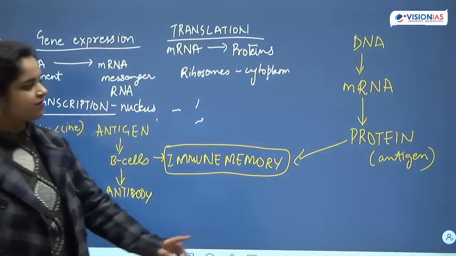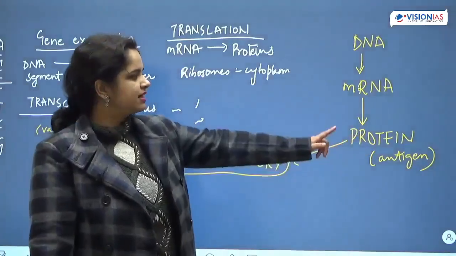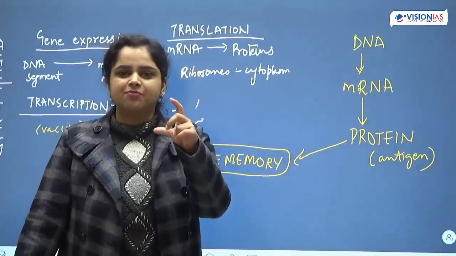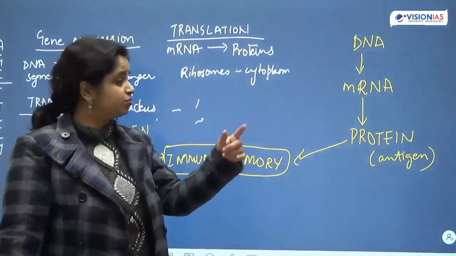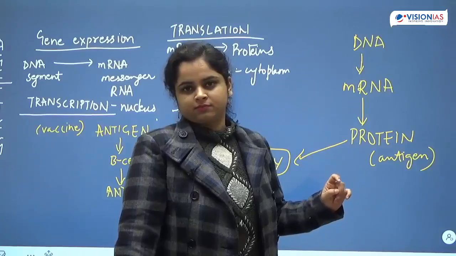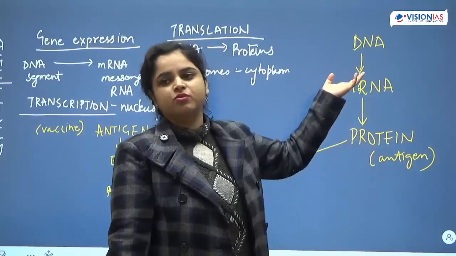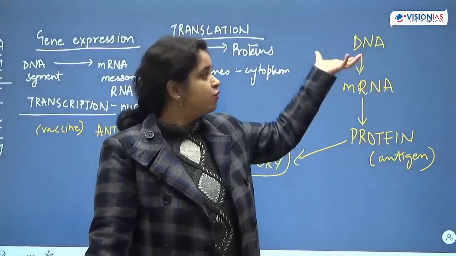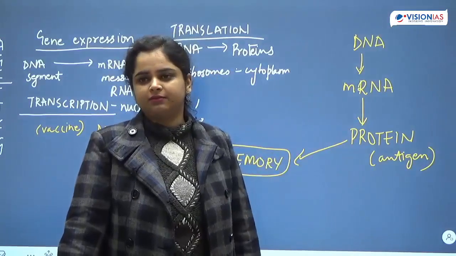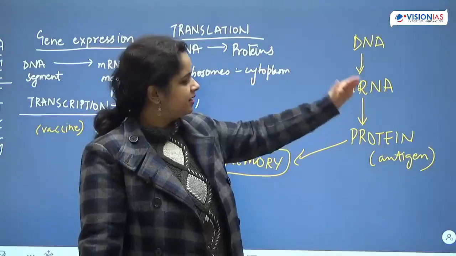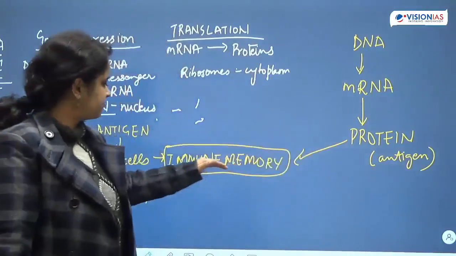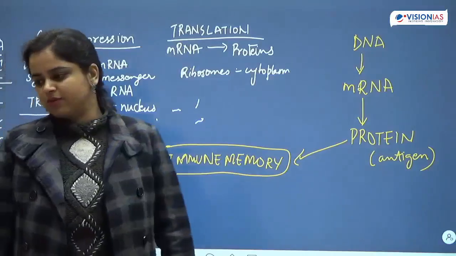So instead of giving the protein, we can either give the mRNA segment. आपने वो piece ले लिया mRNA का, which is responsible for production of this particular antigen. Or one more step, you can take a DNA piece for production of this segment. तो DNA से पहले mRNA बनेगा, mRNA से protein बनेगा. Protein will act as an antigen, B cells will be stimulated, we will have immune memory being created.